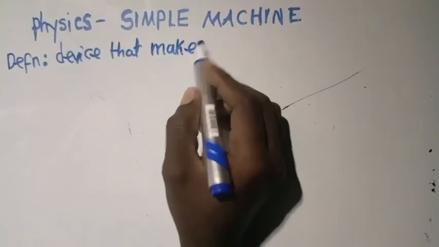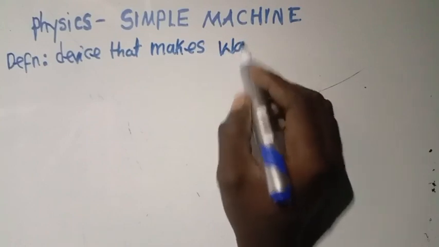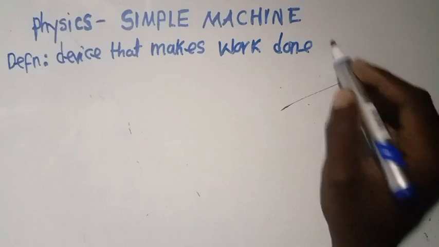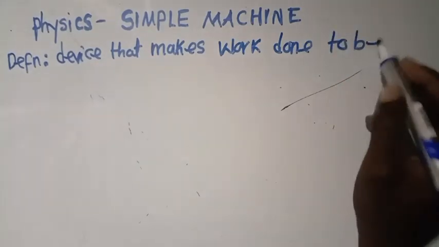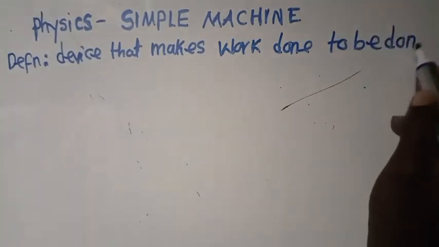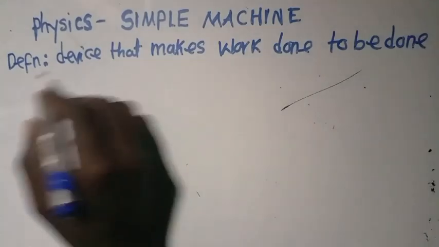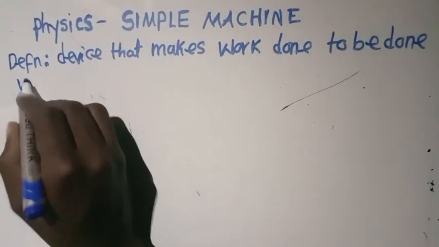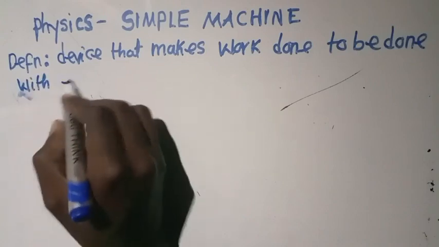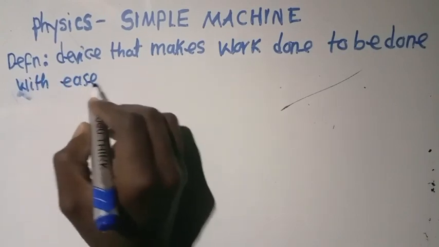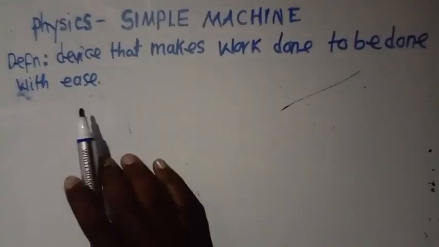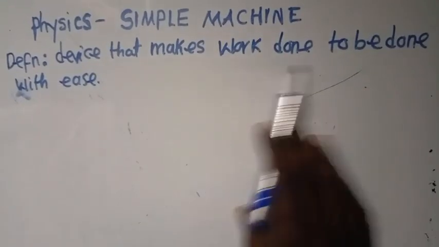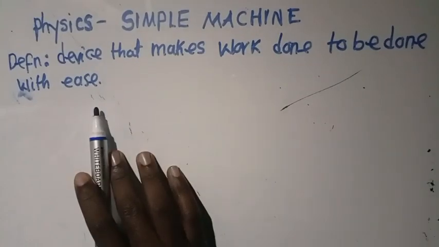This is a device that makes work done to be done with ease. This is what you need to know and understand. So a simple machine is a device that makes work done to be done with ease.